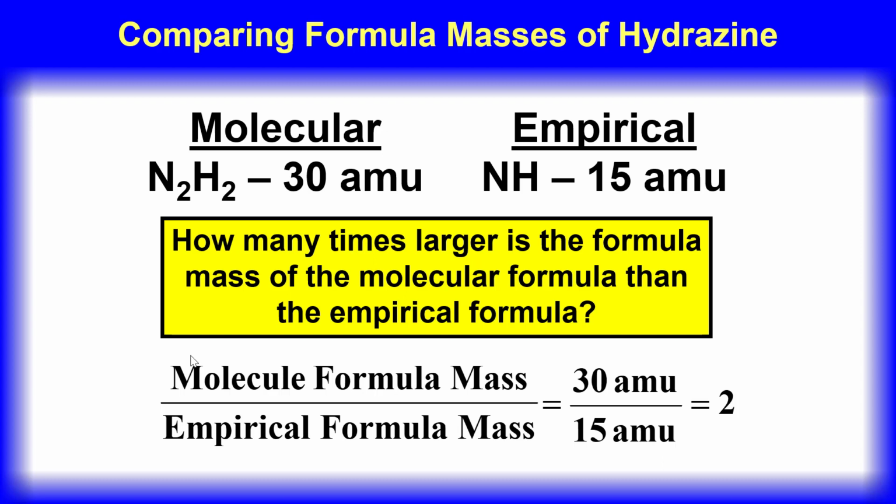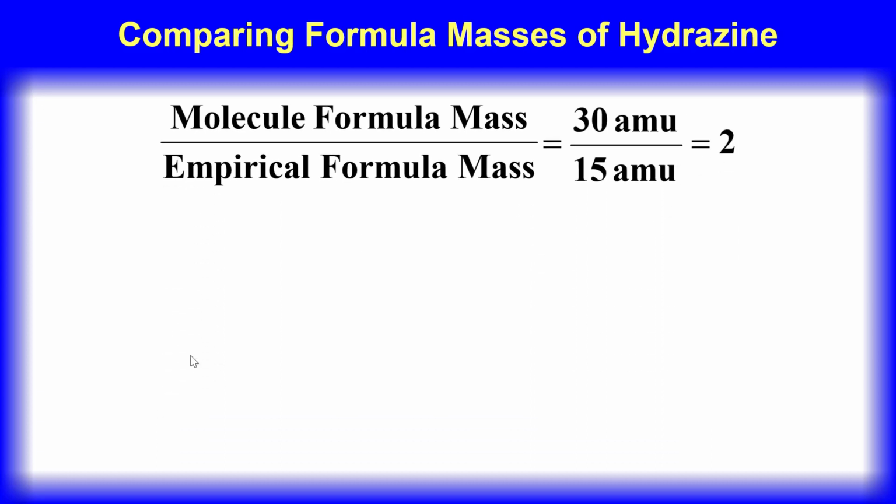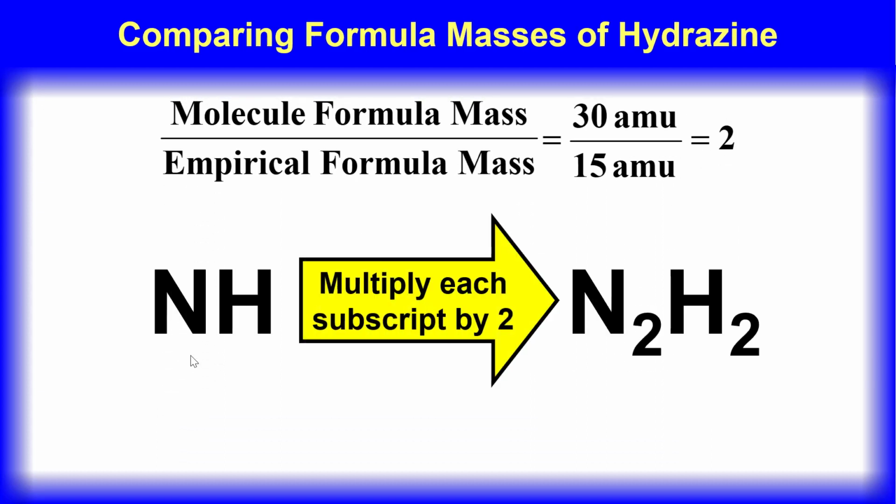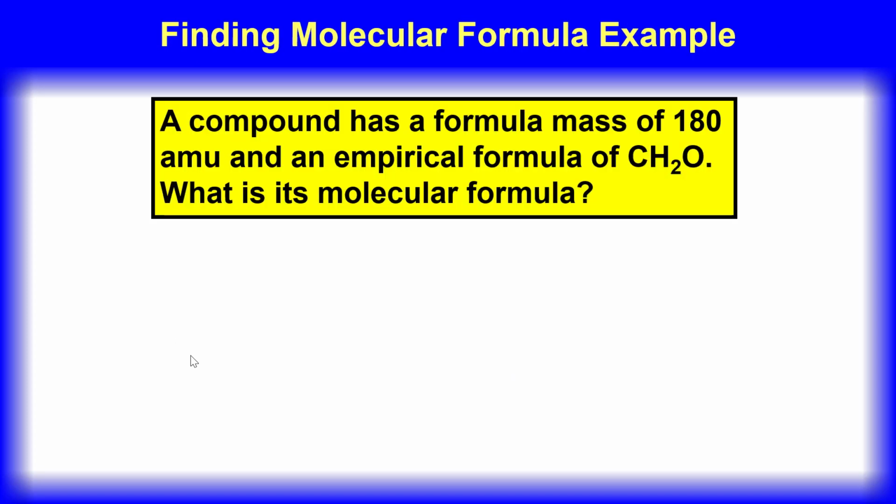So knowing that, if we know the molecular formula mass, we can find out the molecular formula. That's where that 2 comes from.